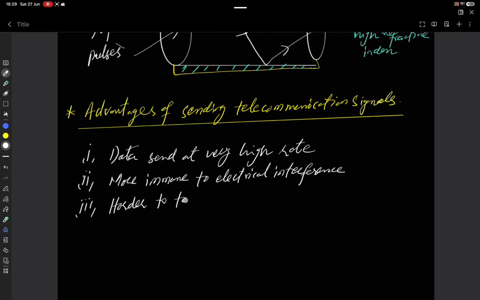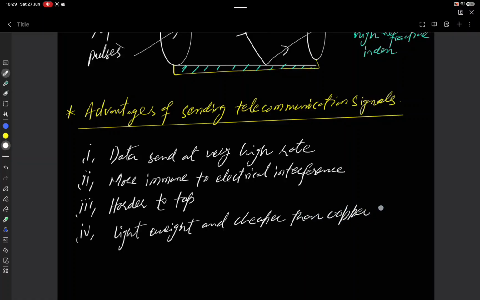Harder to tap. Light weight and cheaper than copper cable. Less boosters and repeaters are required.